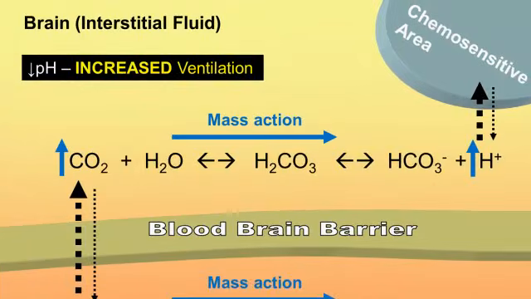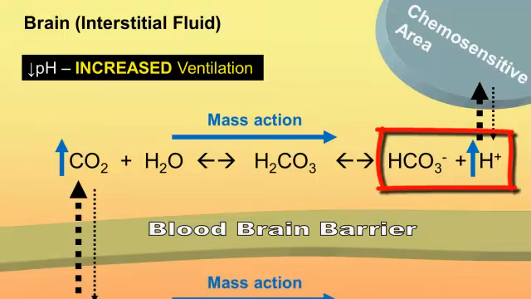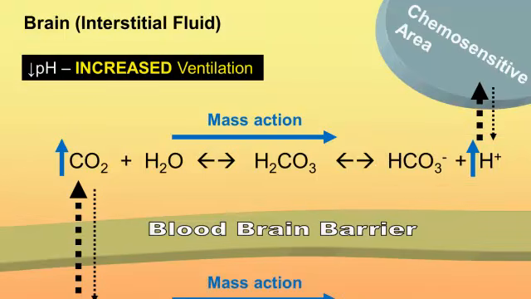The increase in the movement of carbon dioxide into the brain ISF causes a rightward shift in the parallel reaction on the brain side between carbon dioxide and water, producing bicarbonate and protons. This means that there will also be a decrease in the pH in the brain ISF. This will be detected by the central chemoreceptors, and the central chemoreceptors will respond accordingly by promoting an increase in the ventilation.